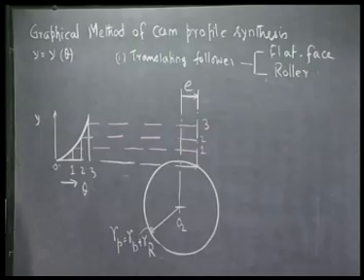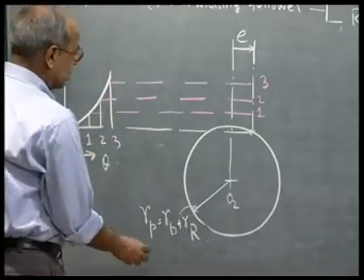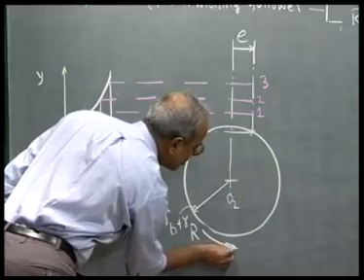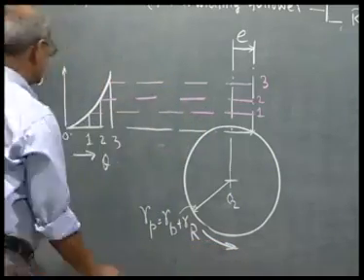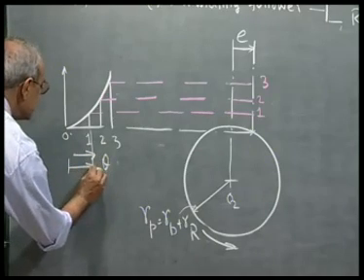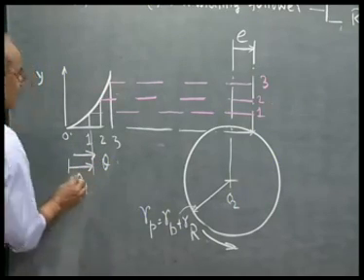So to get the inverted positions of the station points, we know, with this offset, that the cam is rotating in the counterclockwise direction. Corresponding to station point 1, the cam rotation is known, which is theta 1.